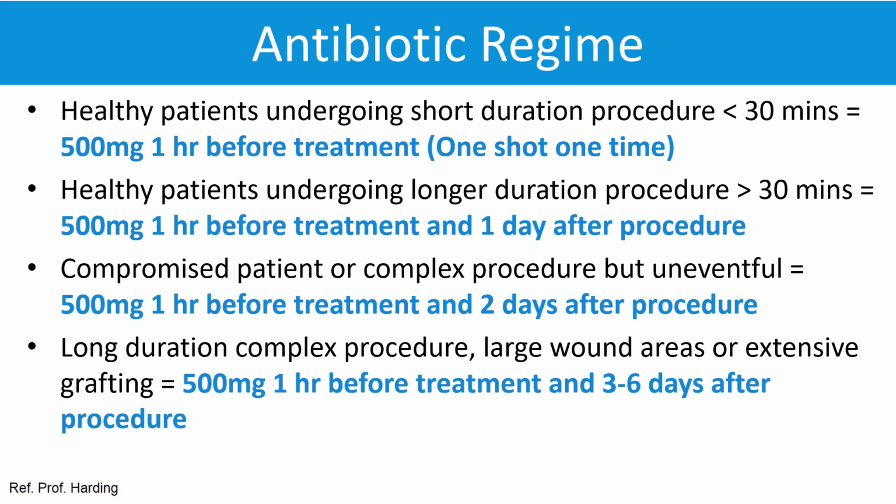That means it must have a good plasma concentration at the time of surgery. It must be of appropriate type, so that it must be effective against the bacteria which we're trying to prevent from causing the infection. And the duration of the antibiotics after the procedure should be as little as possible or limited to just what is entirely needed and appropriate.